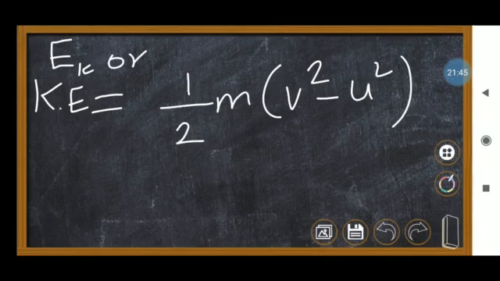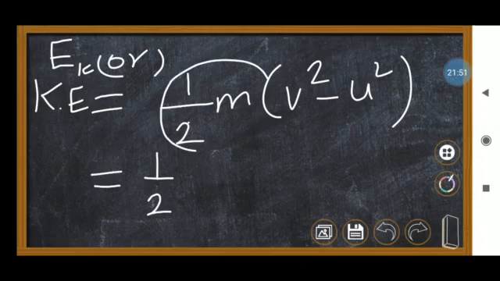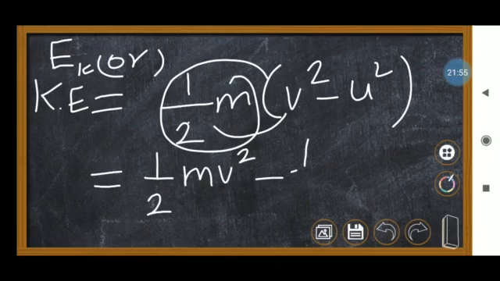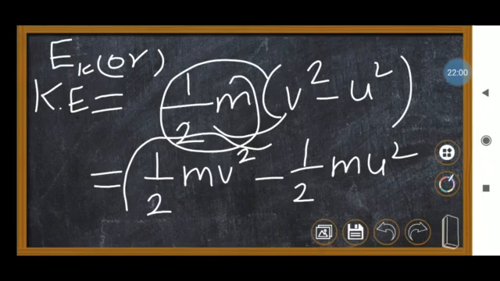Multiplying it out, kinetic energy equals half m v square minus half m u square. This means the change in kinetic energy: half m v square minus half m u square.